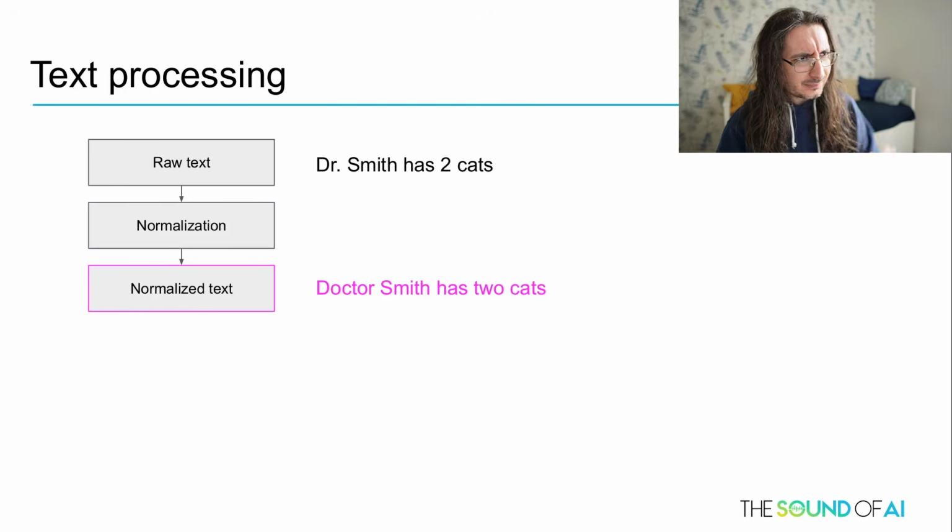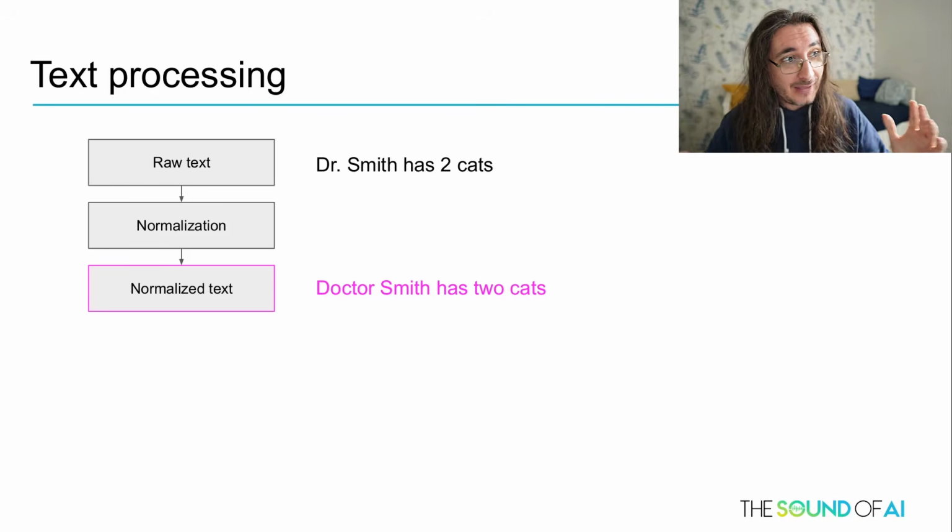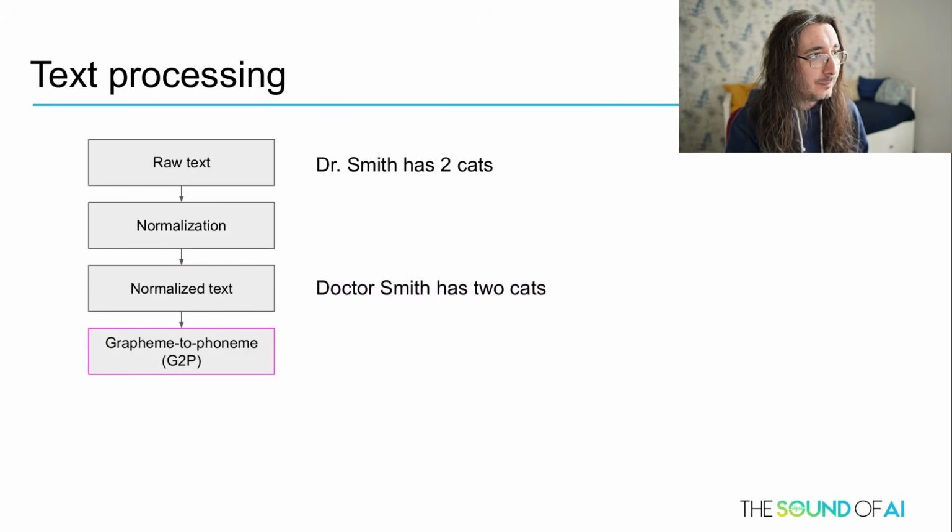As you can see, this is an extended normalized version of the initial sentence. In this case, the Dr. has been expanded into doctor, and the number 2 has been translated into the word two. So now we have Doctor Smith has two cats in normalized form.